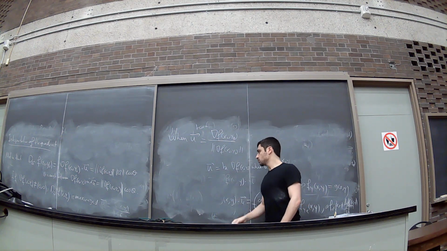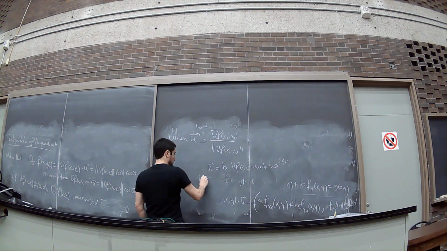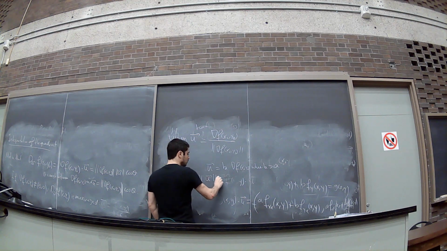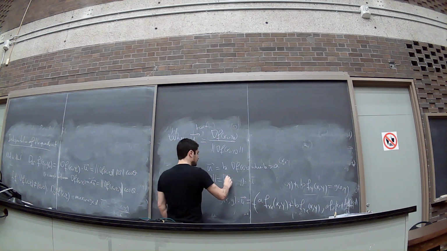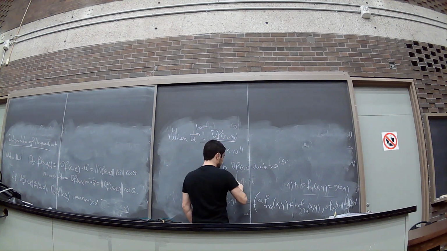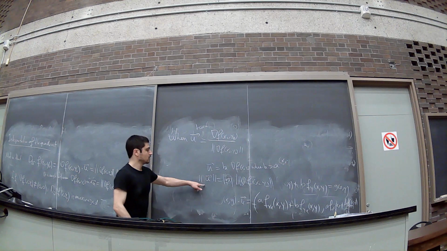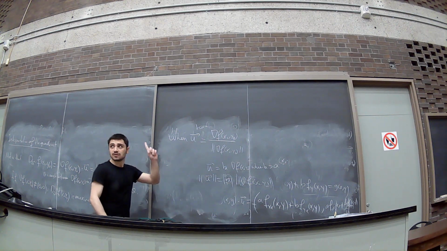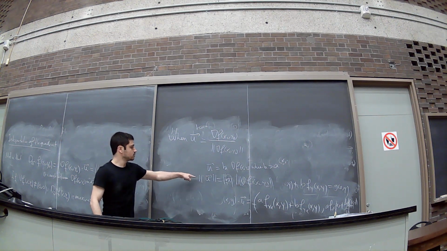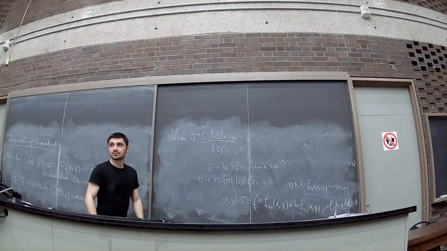What is the norm of u? The norm of u is 1. So the norm of u will be equal to the absolute value of k, which is k because k is positive, times the norm of the gradient. That is 1. So k is 1 over the norm of the gradient.